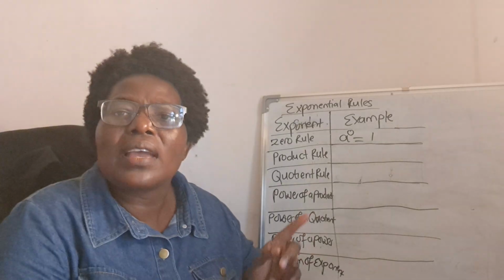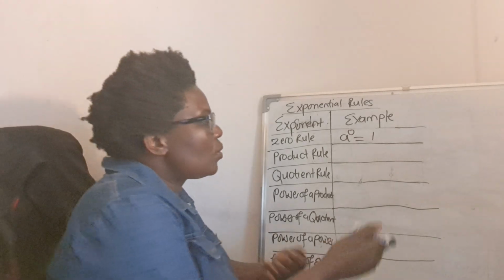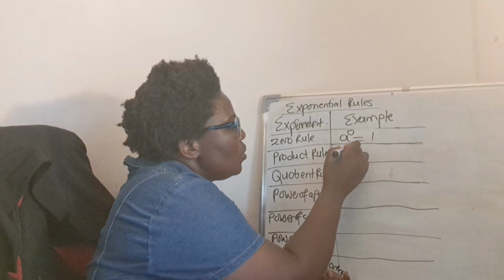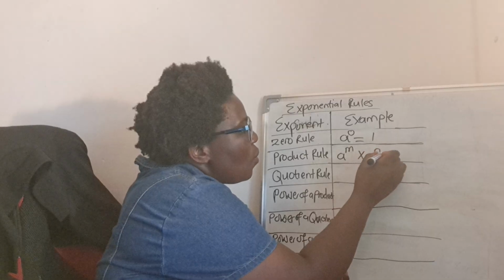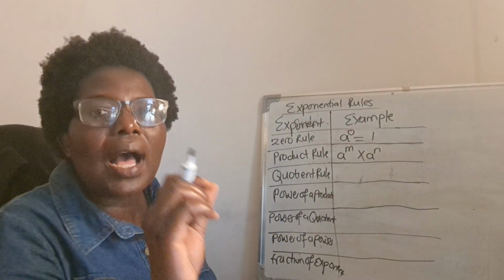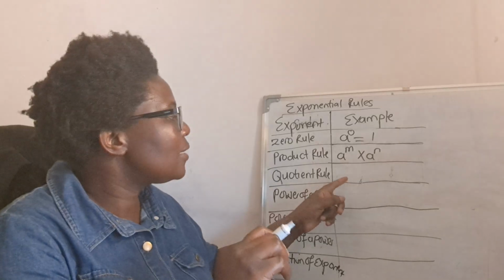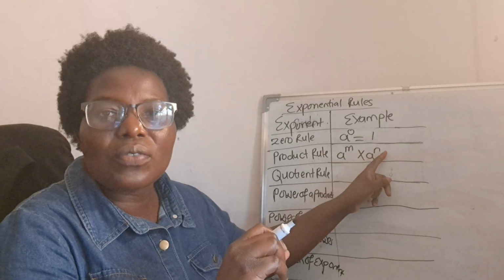And then we also have what we call a product rule. Let's look at the example of a to the power of m times a to the power of n.